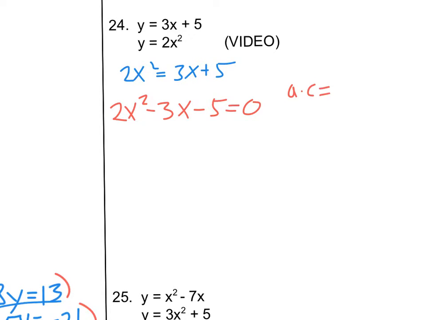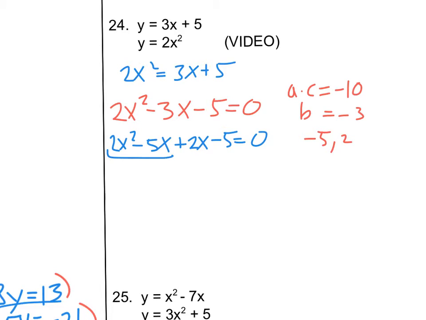A times c is going to be negative 10. B is going to be negative 3. Things that multiply to negative 10 are negative 5 and 2, that also add up to negative 3. So that gives us 2x squared minus 5x plus 2x minus 5 is equal to 0.